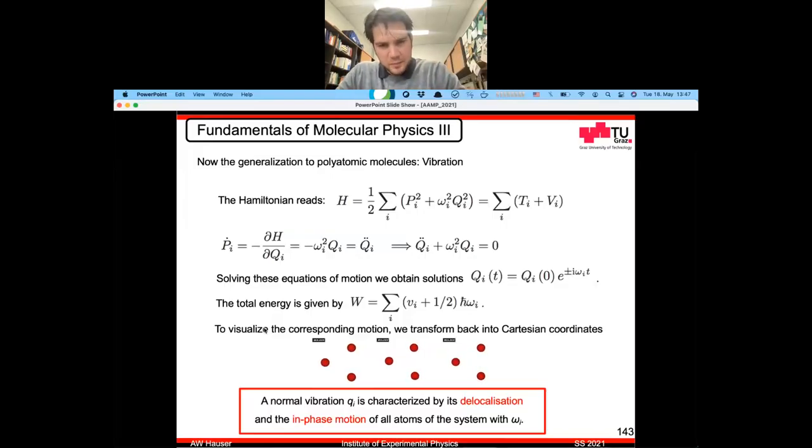This is a consequence of the maths that we did, because it follows from how we approach this by diagonalizing the Hessian matrix and then solving by decoupling. Okay, so that's on vibration.